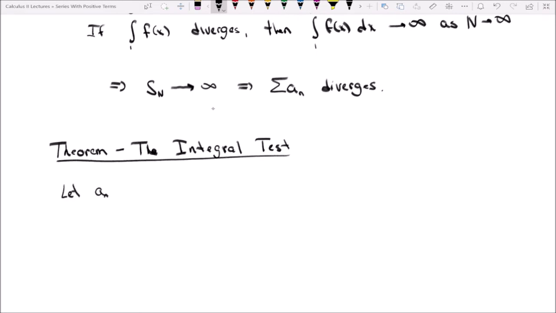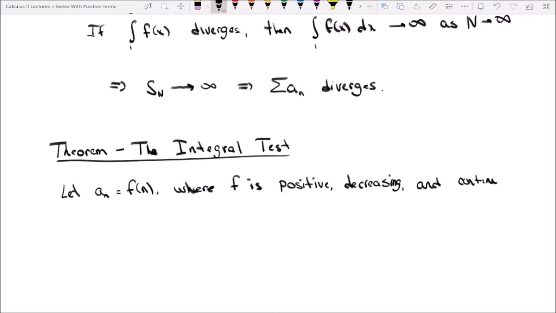So we let a sub n equal f of n, where f is positive, decreasing, and continuous for all x greater than or equal to 1.